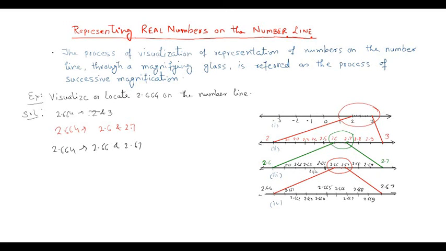So here we can say that 2.664 is this point. In this way, by using successive magnification, or the magnifying glass, we can clearly locate the given number by reducing the length of the number line.